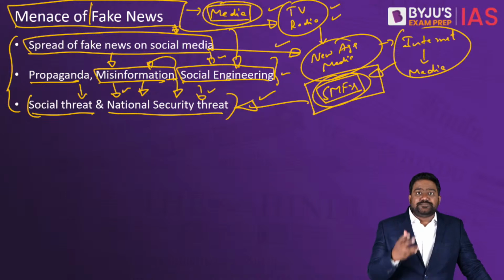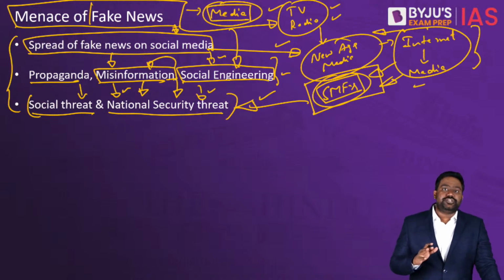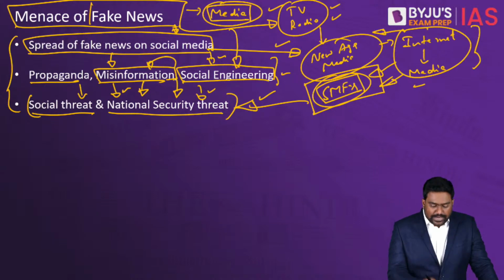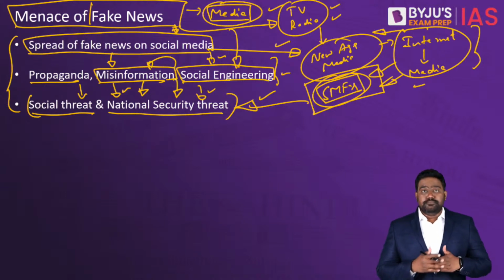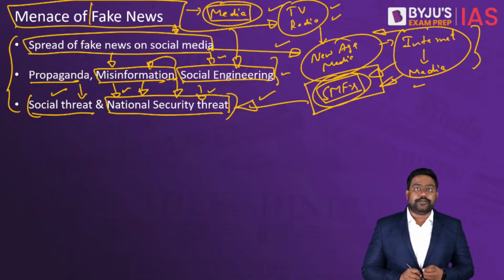The threat has increased exponentially with internet-based media because social media platforms have a tremendous reach, which was never possible with television, radio, or print. So that is why tackling fake news has become a major challenge for governments around the world. It's seen as not just a social threat, but also as a national security threat.